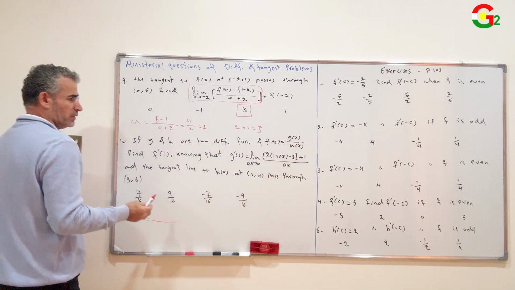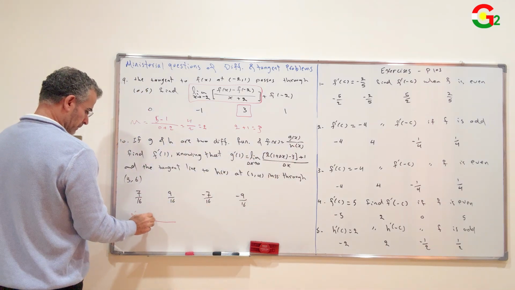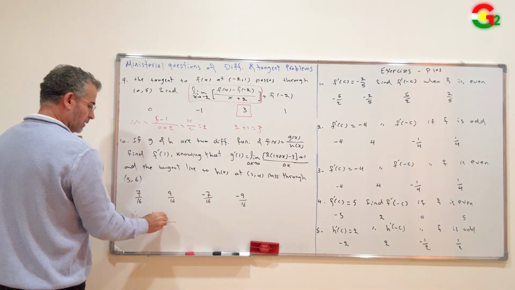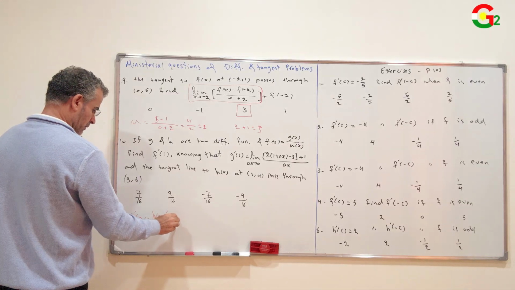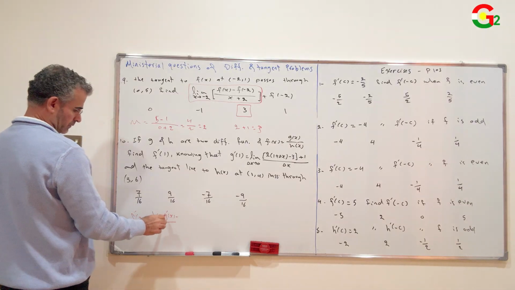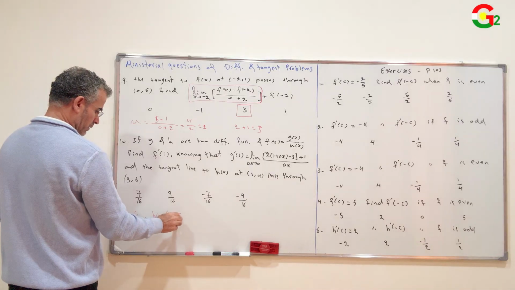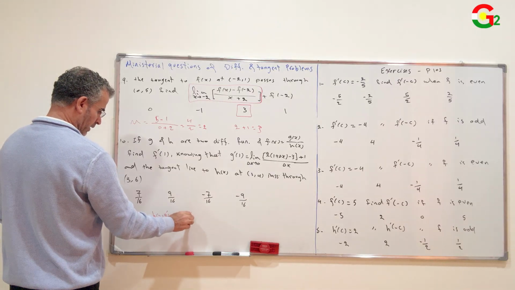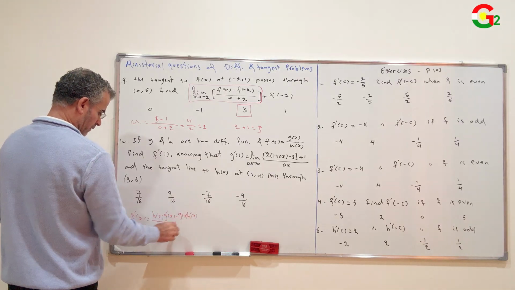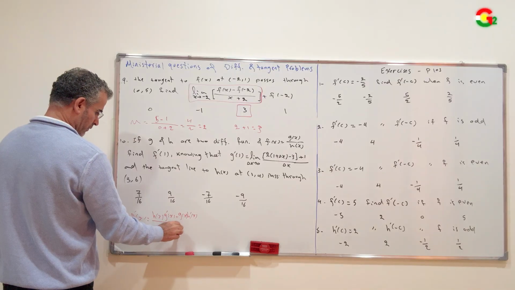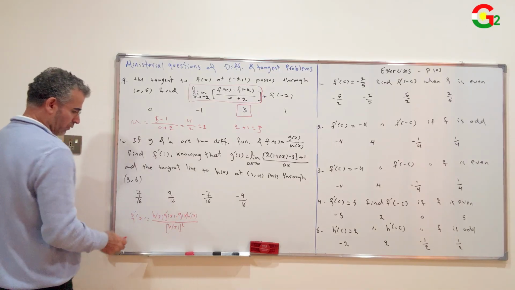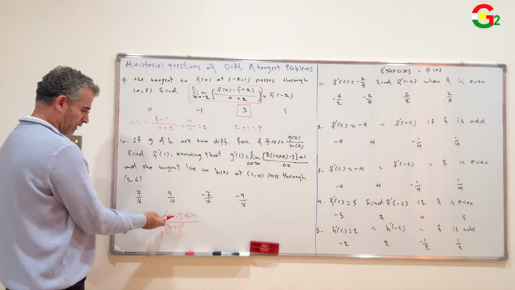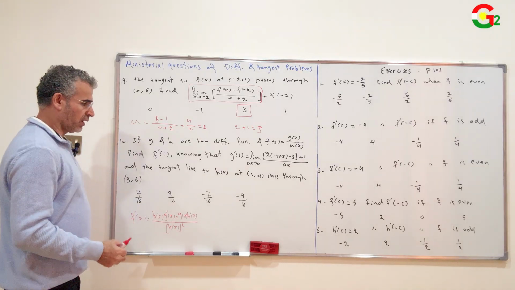Apply the quotient rule: h of x times g prime of x minus g of x times h prime of x, over h of x squared. Now we want g of x and g prime of x, h of x and h prime of x.